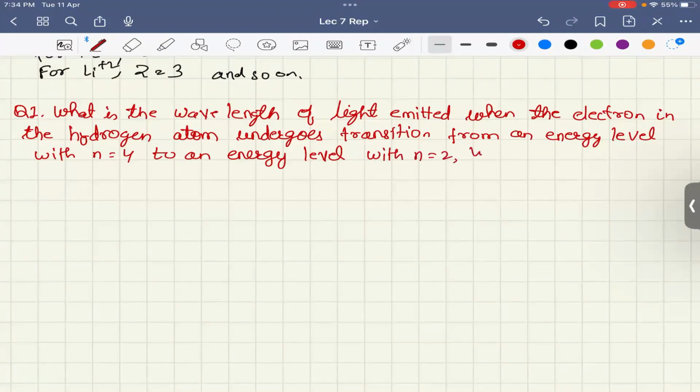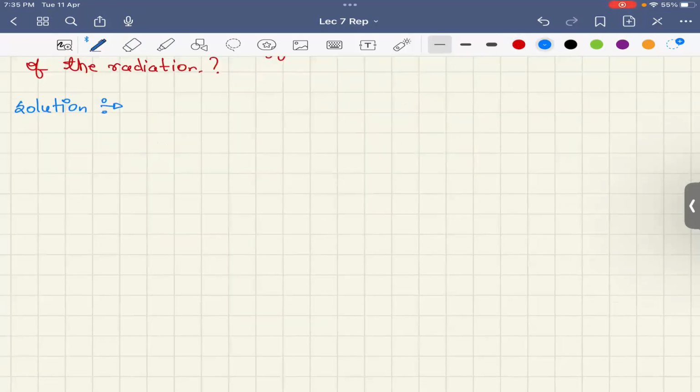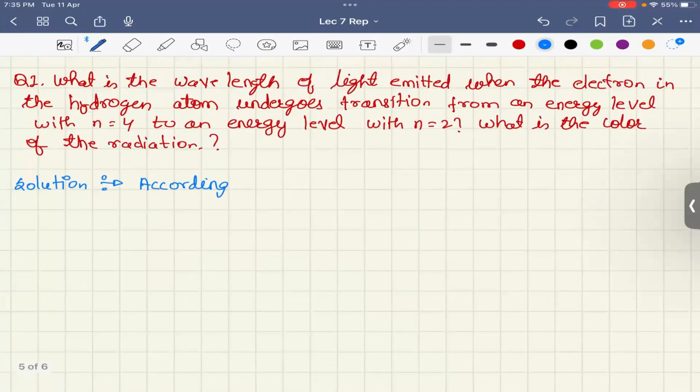And this is the first part. The second part is, what is the color of the radiation?